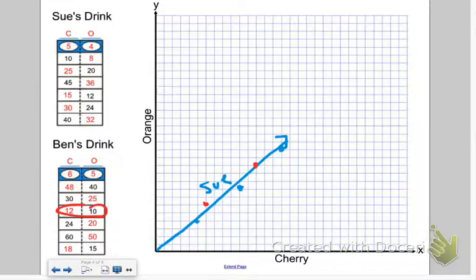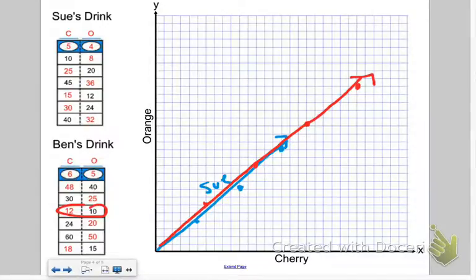Over 6, up 5, right about there. And you can see, it's not perfect, but there is Ben's drink.